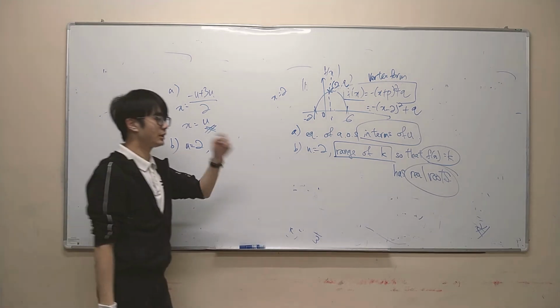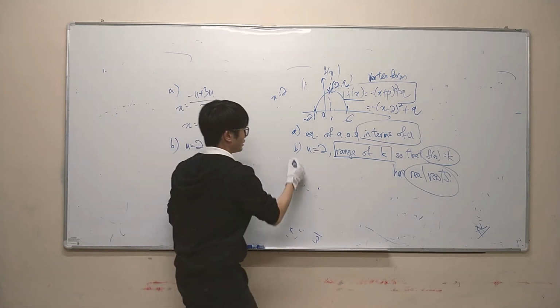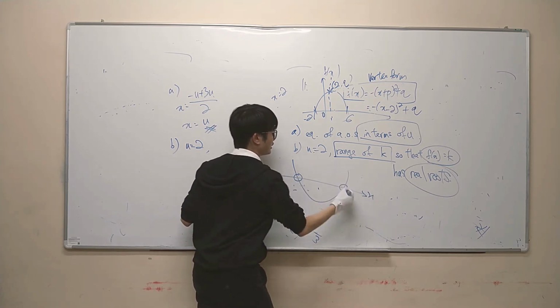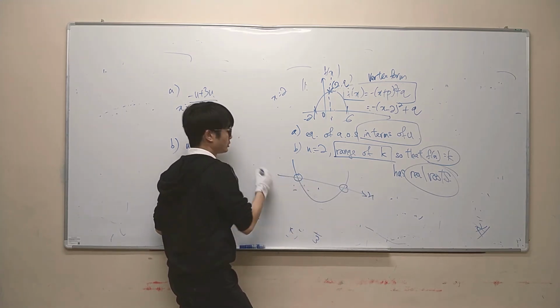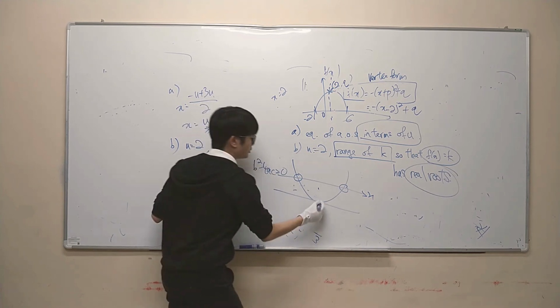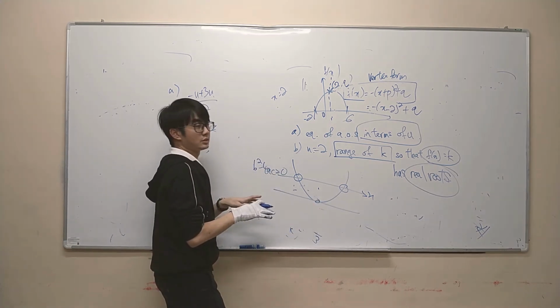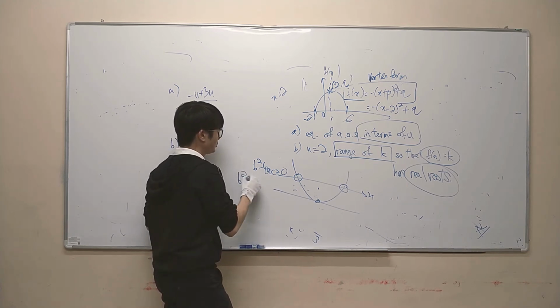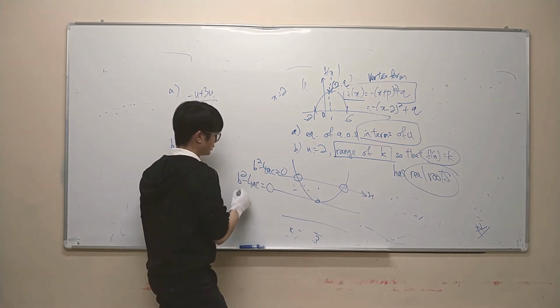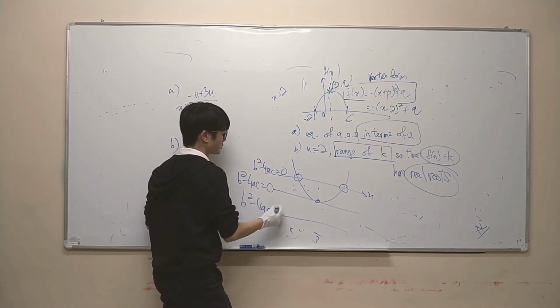So real roots means what? If this is the x-axis, then we call this two different roots. So b squared minus 4ac bigger than 0. If like this, we call it two equal roots, or one root lah. So b squared minus 4ac equals 0. If like this, we call it no roots. So kalau no roots, b squared minus 4ac smaller than 0.